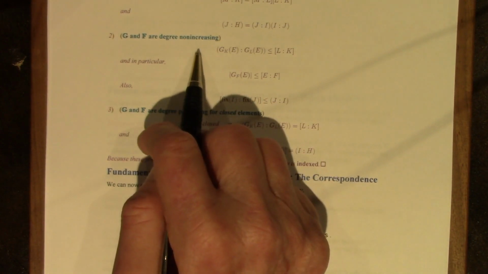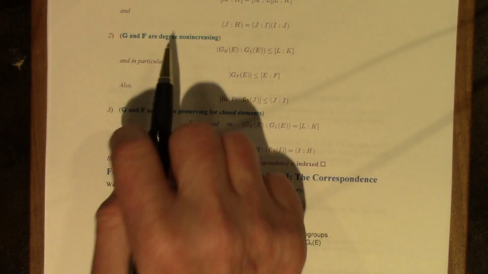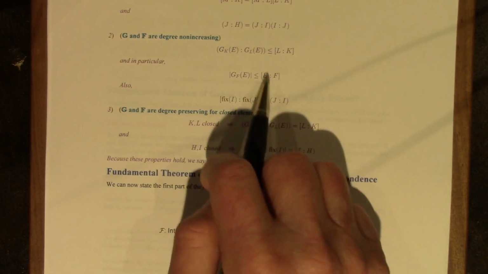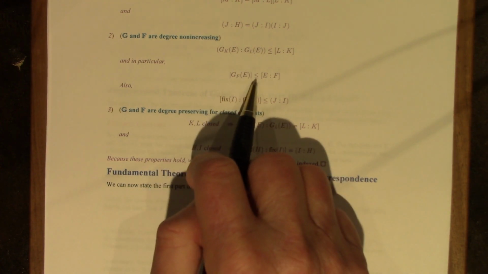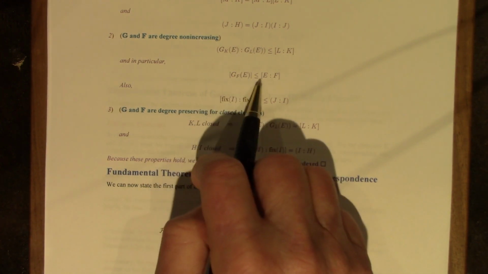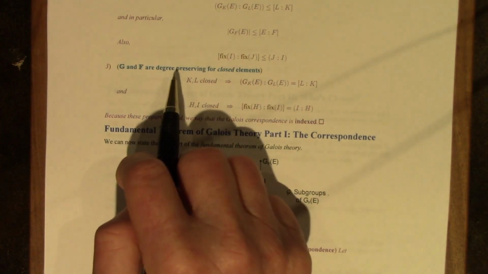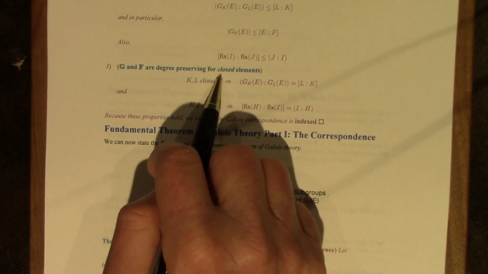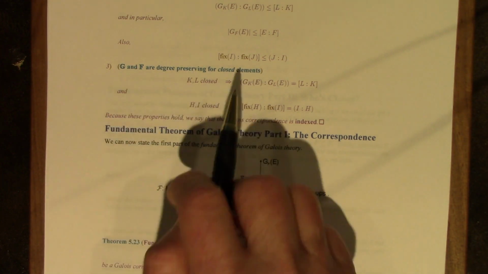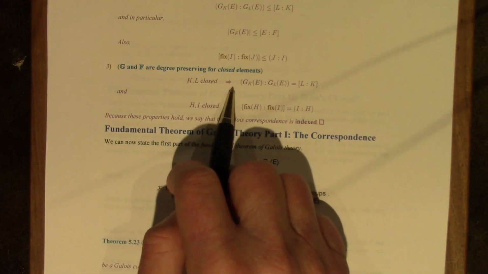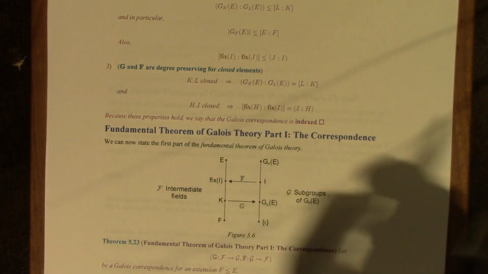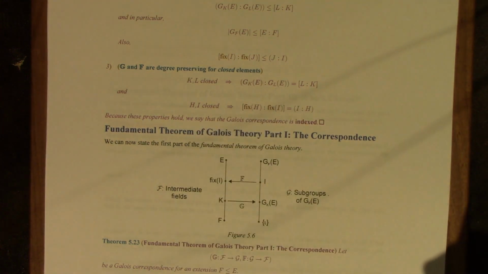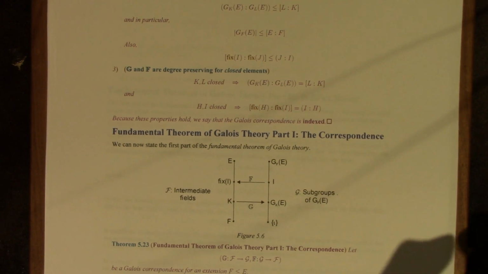F and G are degree non-increasing. This is old news too, but I put it in here anyway. And for closed elements, G and F are in fact degree preserving. Because these properties hold, it is said that the Galois correspondence is indexed.